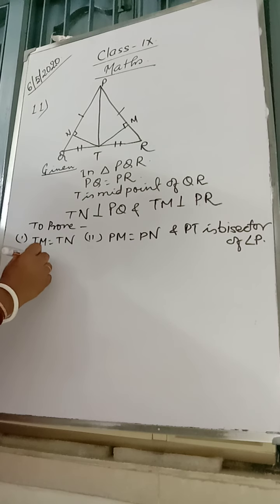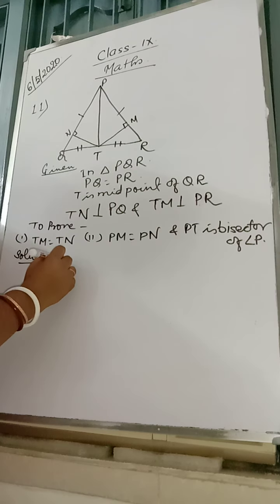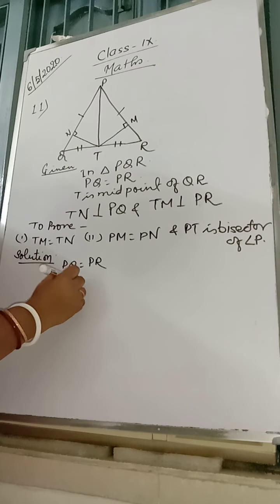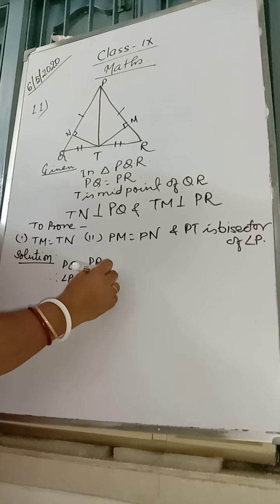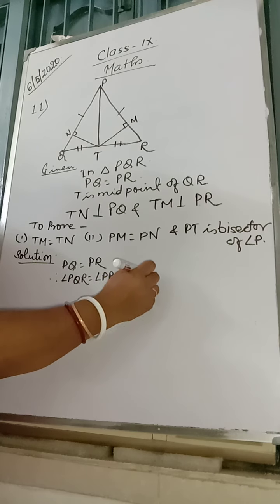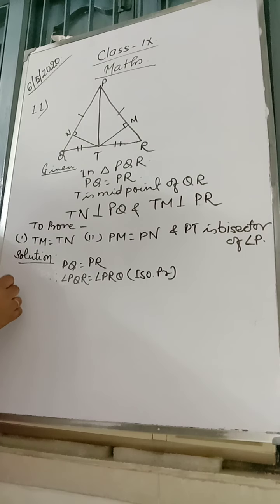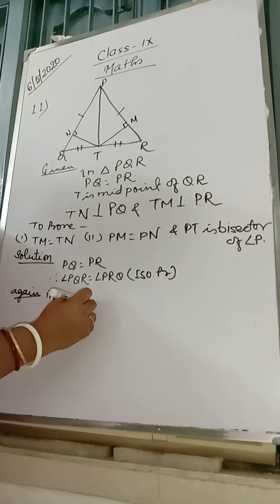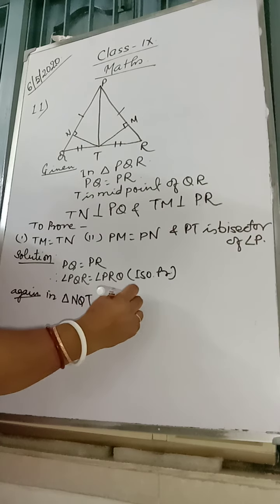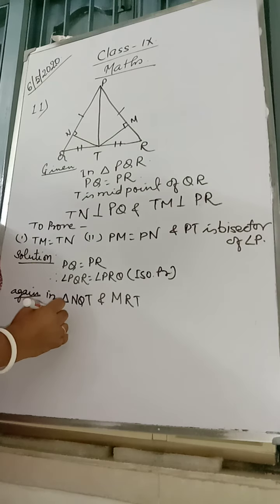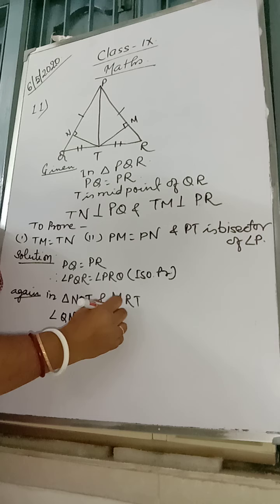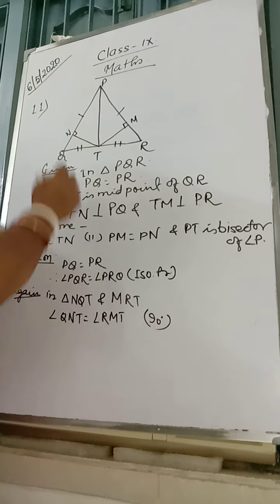Solution. PQ is equal to PR, so angle PQR will be equal to angle PRQ, isosceles property. Again, in triangles NQT and MRT, angle QNT is equal to angle RMT, 90 degrees, this is 90.